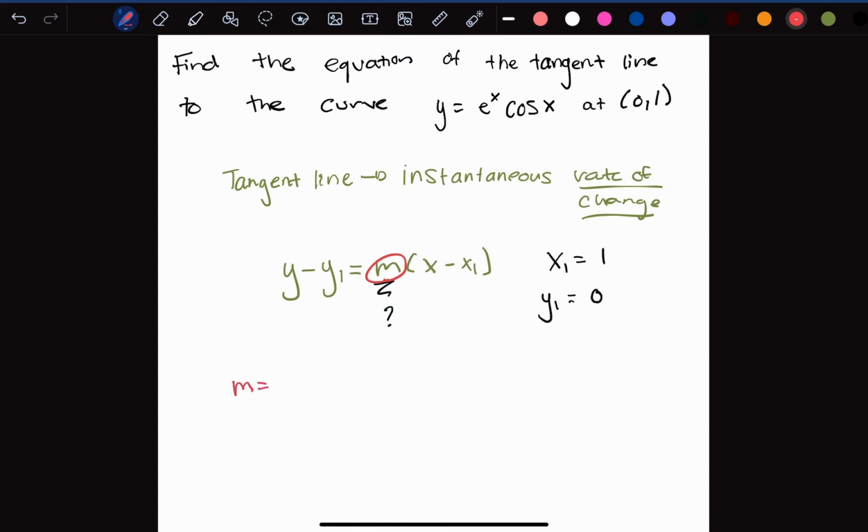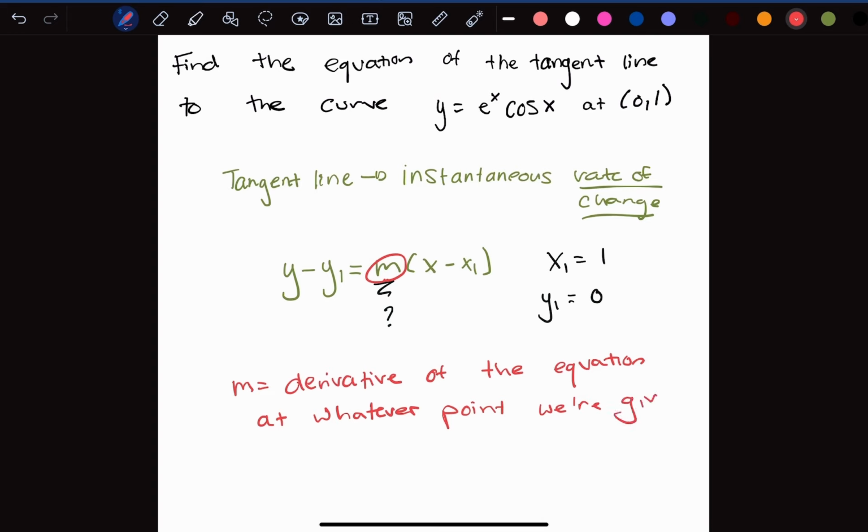So m is equal to the derivative of the equation at whatever point we're given. So here we're given (0, 1).